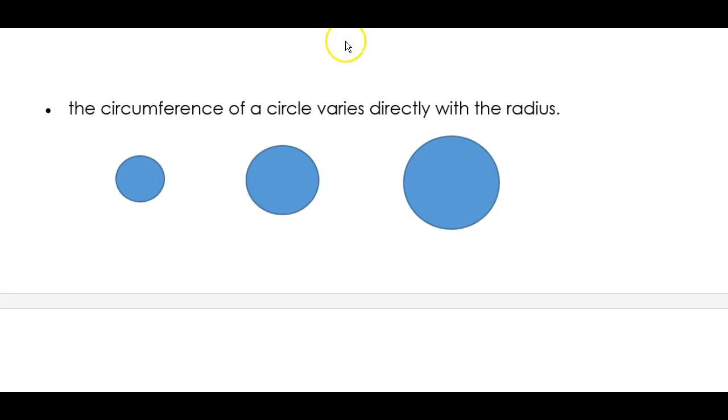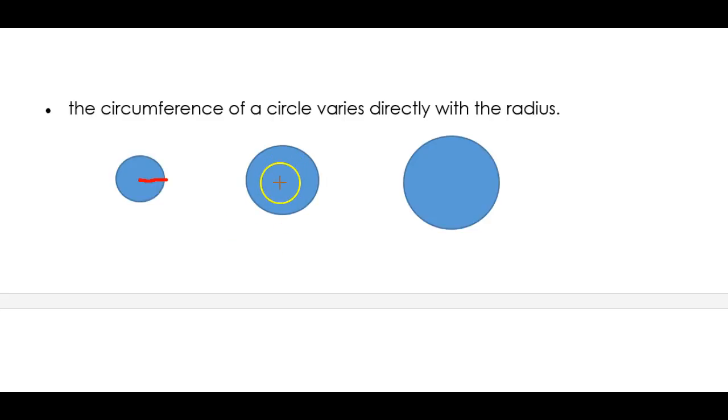Another example of a direct variation would be the circumference of a circle. Remember, the circumference is the distance all around the outer rim of that circle. We're saying that it varies directly with the radius. In other words, as the radius increases, so does the distance around that circle.